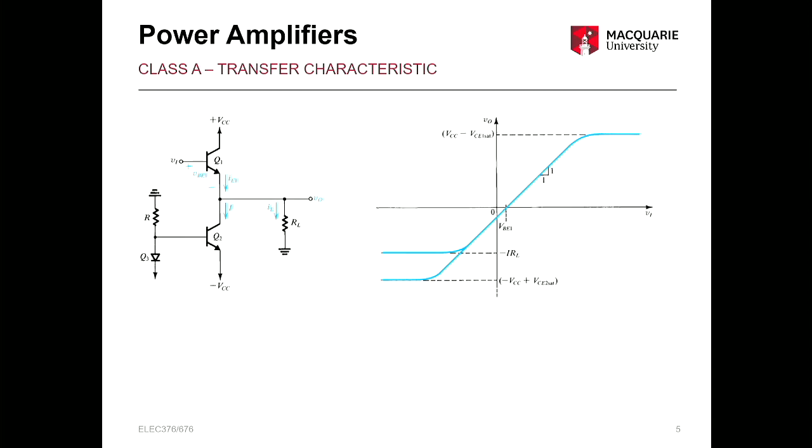Okay, so just to go over the transfer characteristics again, and you should have seen this I think in the pre-quiz for the lecture. So your Class A, you have a typical Class A circuit here on the left. 2 transistors, one's acting as a current source essentially, the other's an emitter follower, and this is the transfer characteristic that we get from that.